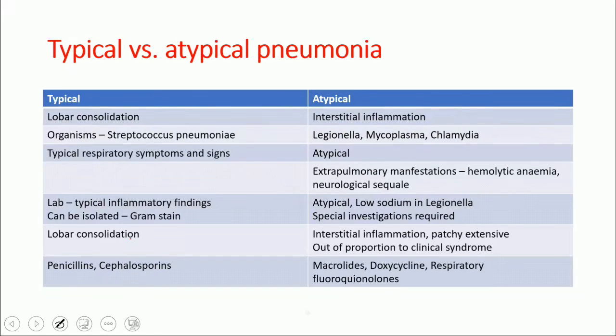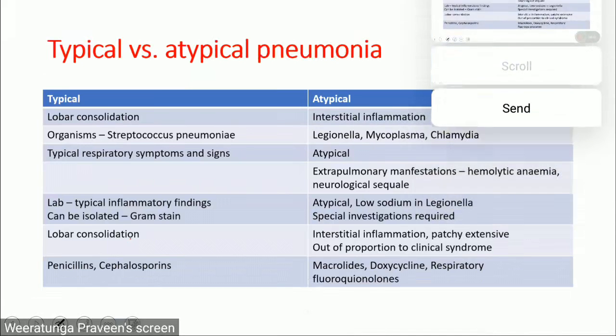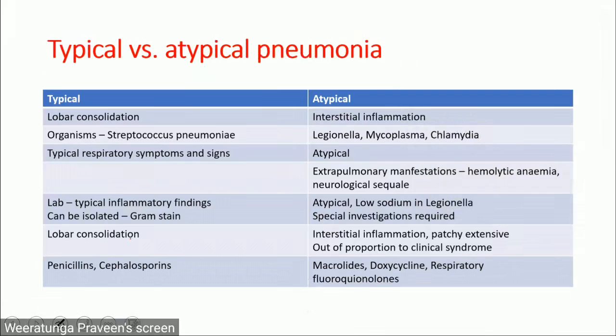So this is in between the alveolar spaces. So pathologically, that is the main differentiation between the two. In typical pneumonia, you have alveolar consolidation, alveolar inflammation, there is exudate within the alveolar space. But in atypical pneumonia, it is mostly an interstitial inflammation and infection that takes place.